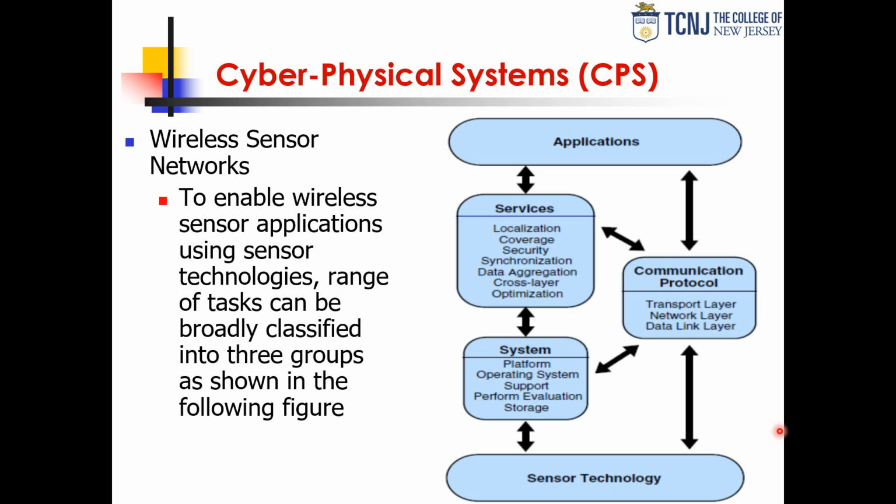So they are deployed as services from a modularity perspective, so they can be used in different applications. Some of them you can see there: localization, coverage, security, synchronization, data gathering, cross-layer optimization, and things like that. Those are the three main groups of the software tasks that you find in an application that is going to bind sensor technology and some wireless sensor network application.